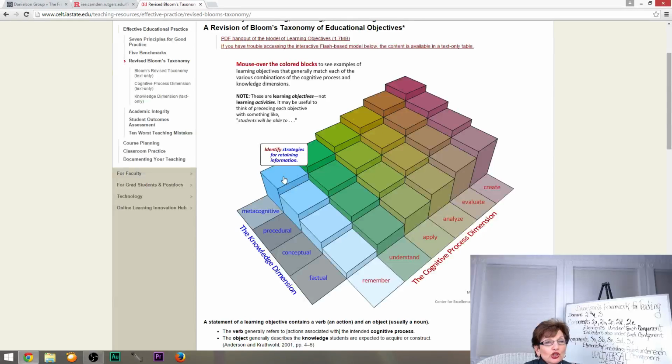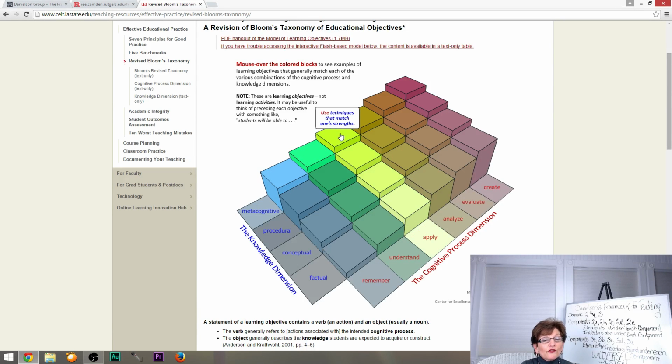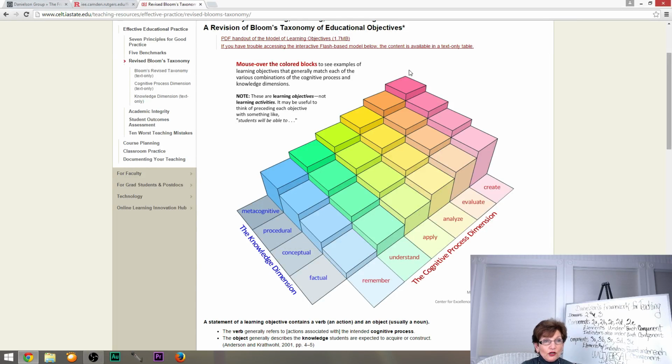It shows you an assignment. Identify strategies for retaining information. Predict one's response to culture shock. These are examples of the verbs: use, deconstruct, reflect on, create. And you see how that works, okay?